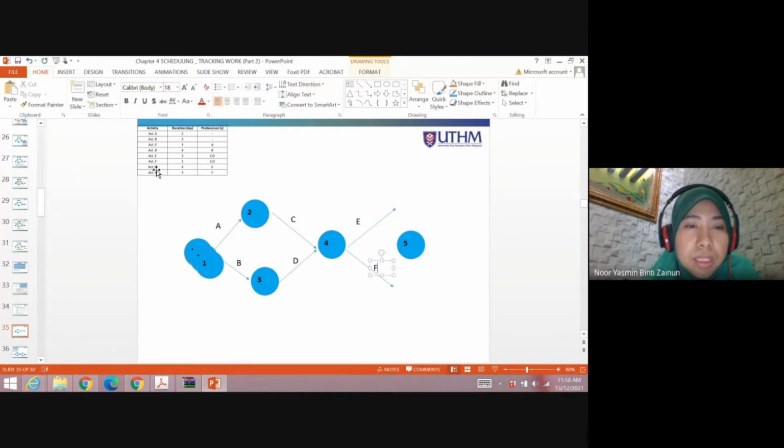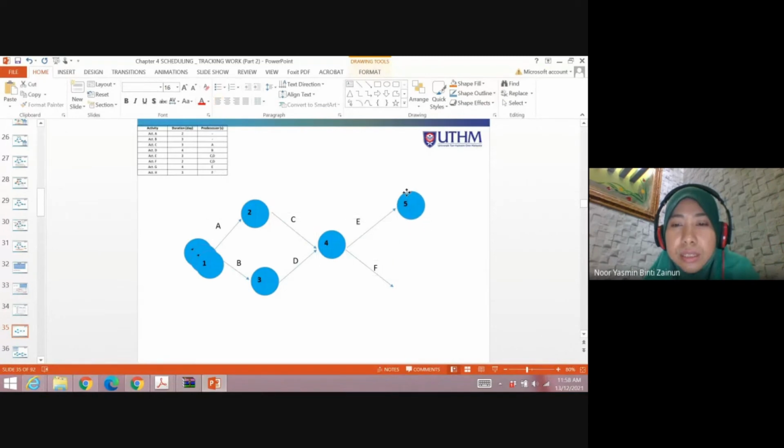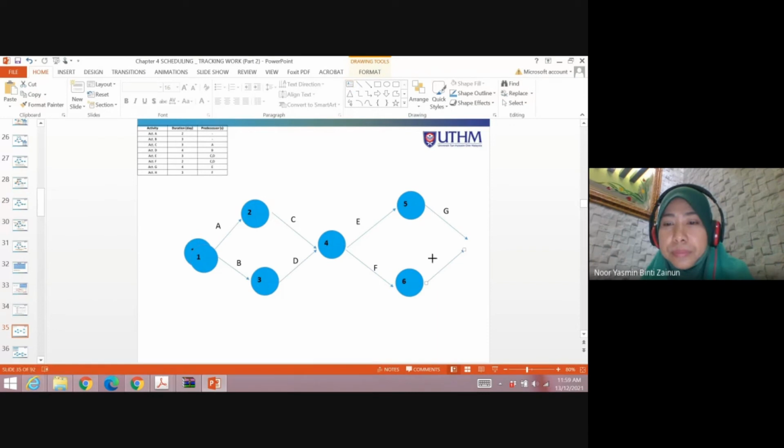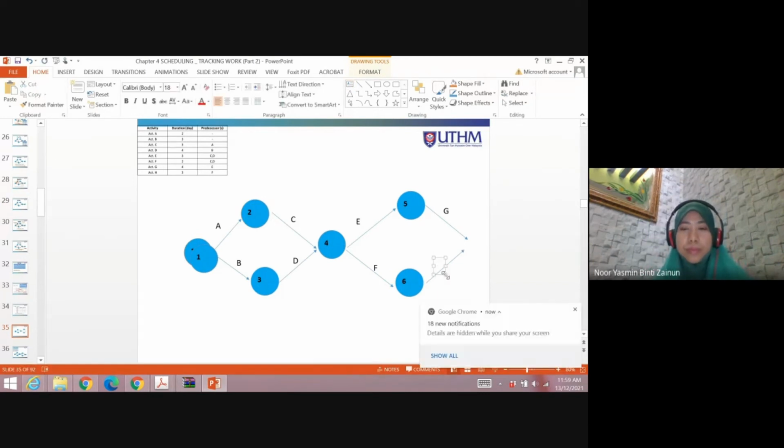And then activity G, the predecessor is E. Okay. And then we have another arrow for activity G. And then activity H, the predecessor is F. So here you have, okay, and then activity H. Okay, so this is the end of the activity.